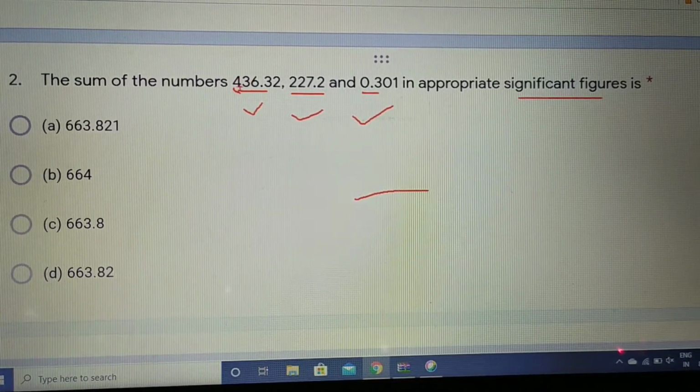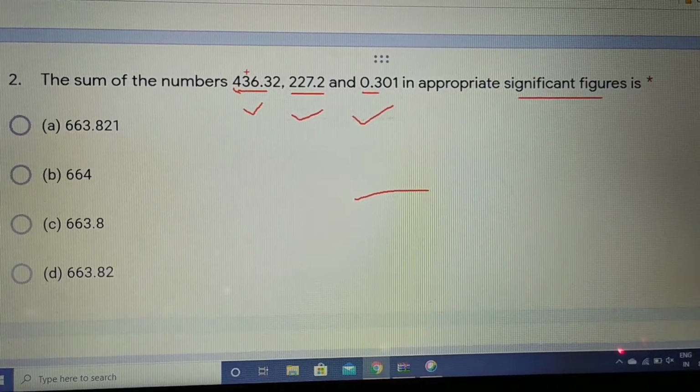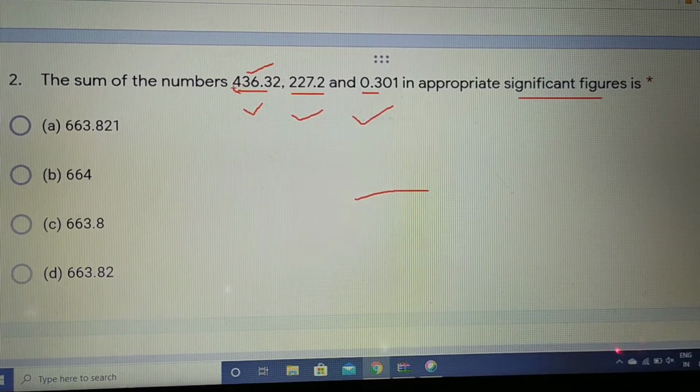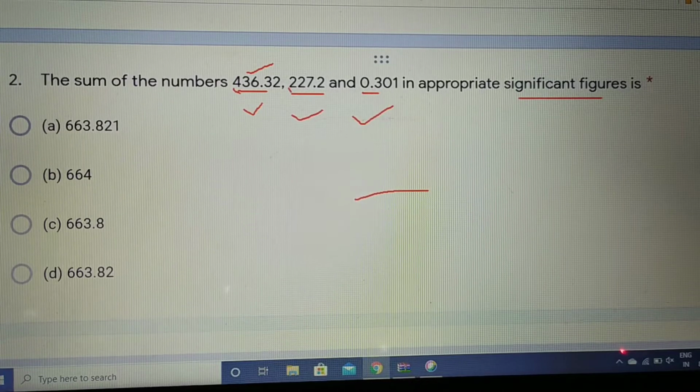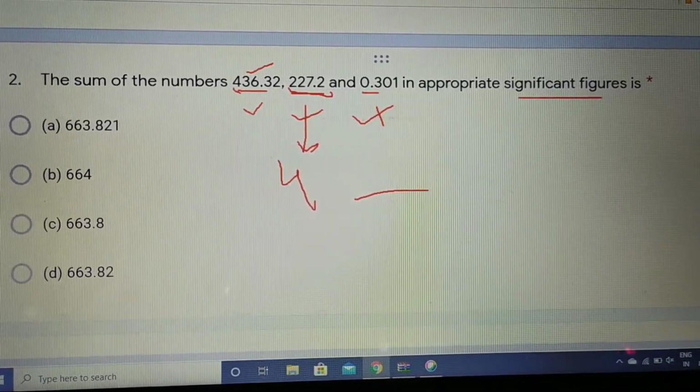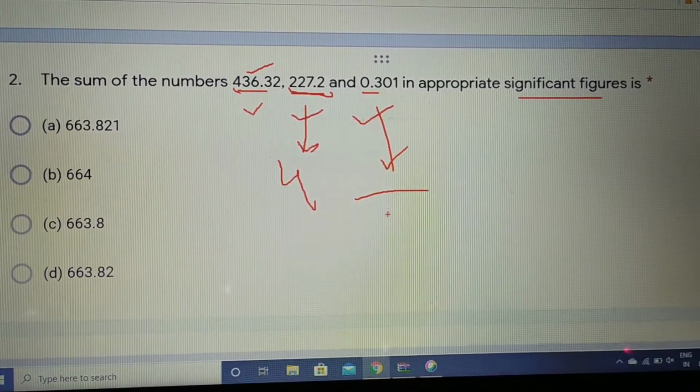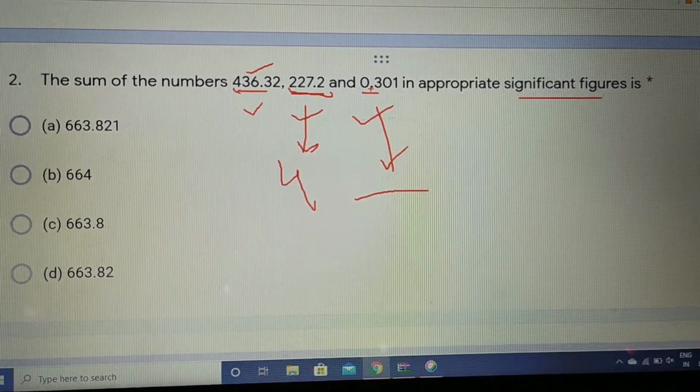The first number has how many significant figures? All the digits are significant, so this number has 5: you can see 4, 3, 6, 3 and 2. Okay, 5 significant digits. And in the next number you see 4 significant figures. And in the next number, again, 0 placed in front of the number is insignificant, and in between the two digits the 0 is placed here, so this is a significant value.